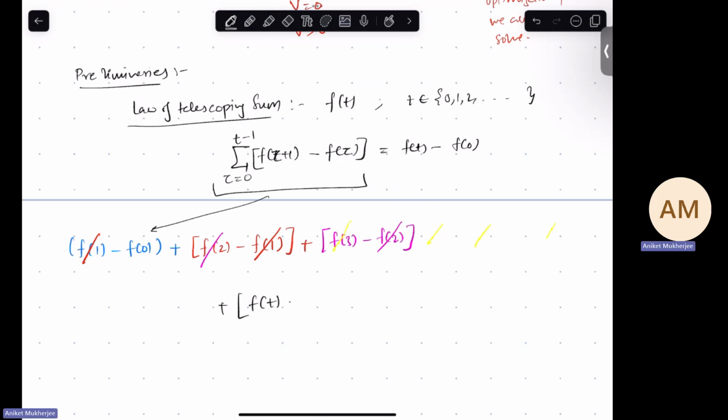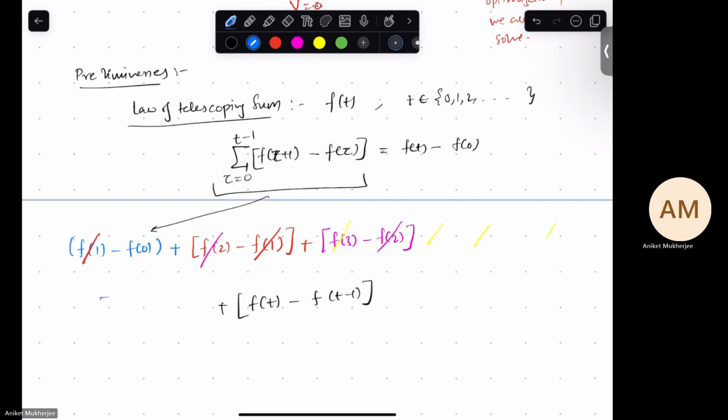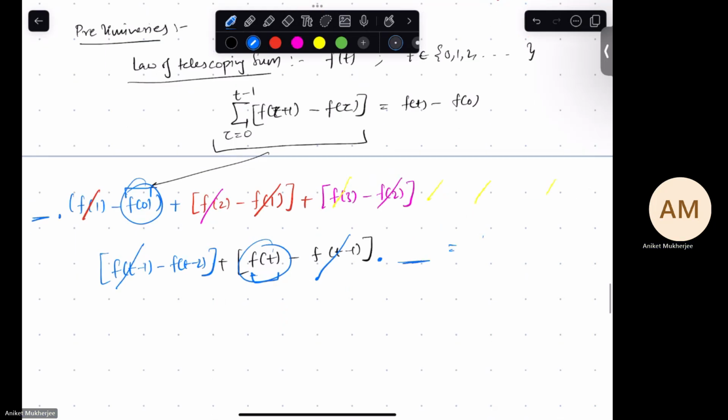Now the last term is f of t minus f of t minus 1, but the previous term is f of t minus 1 minus f of t minus 2. The t minus 1 and t minus 1 cancel. There is no term here because it has stopped here to cancel out this term, and there is no term here because it started from here to cancel out this term. So these two terms will remain, hence it will be f of t minus f of 0.